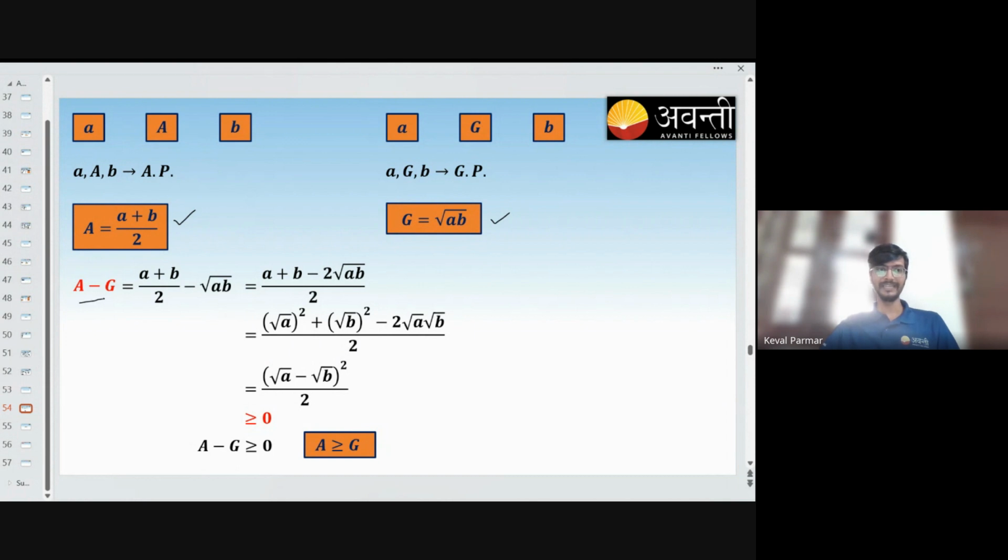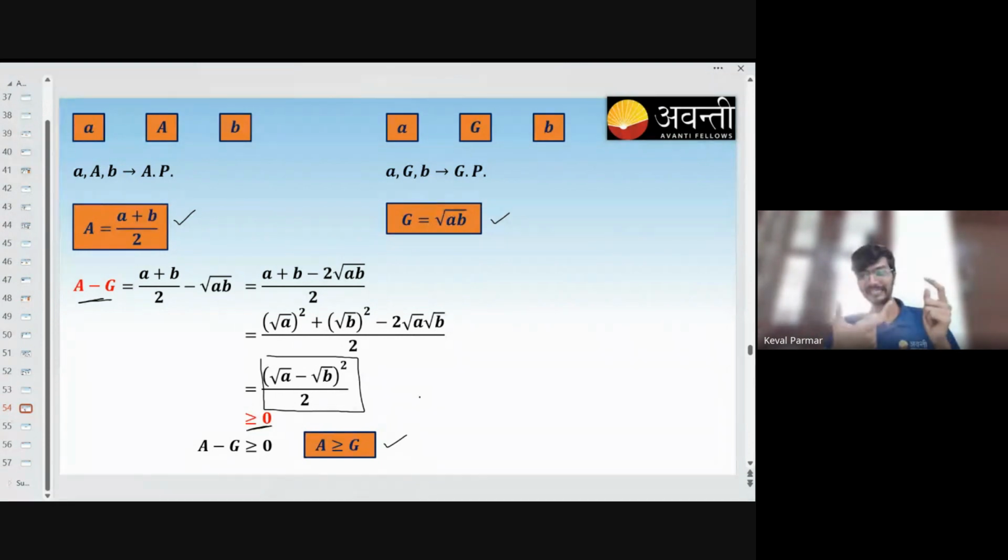If I do A minus G, I'll get this, which if I take LCM, I'll get this. That means my expression will be reduced to this. And as we all know, any square term is always greater than or equal to 0. And if it is greater than or equal to 0, that means we got A is greater than or equal to G. Correct? So this is the relation.